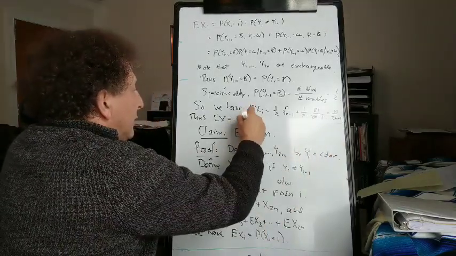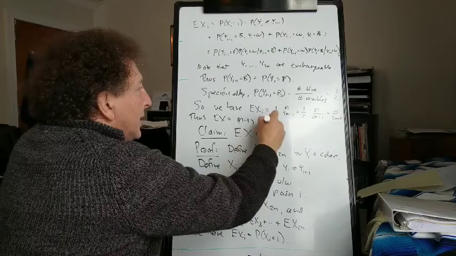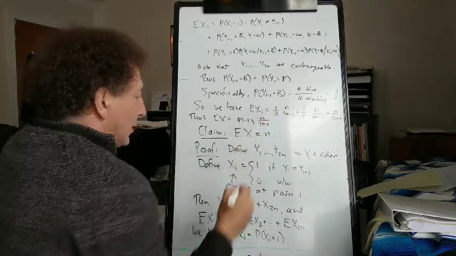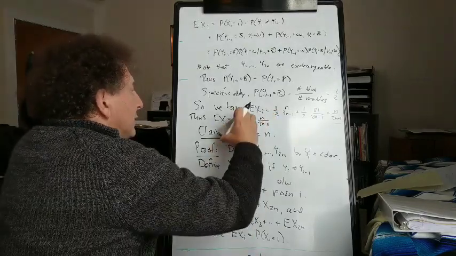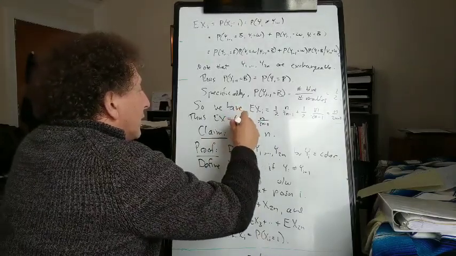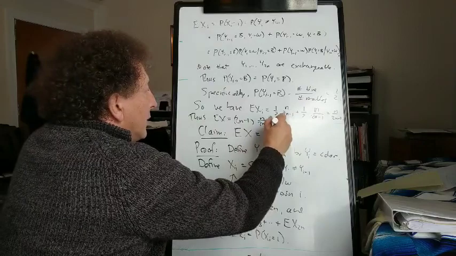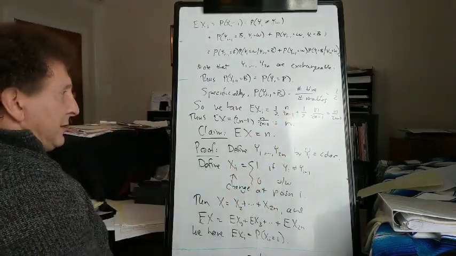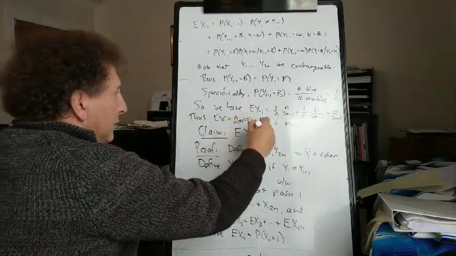There are 2n minus 1 of them. So that equals n, because the 2n minus 1's cancel.